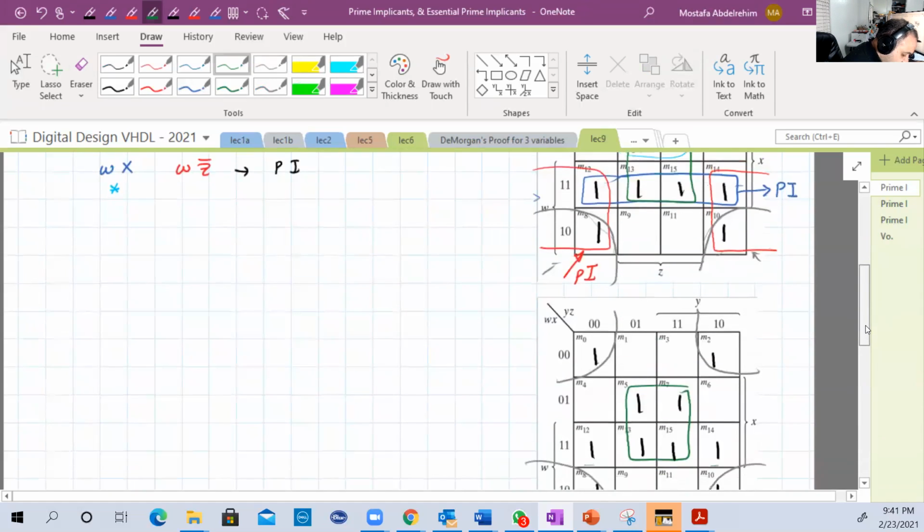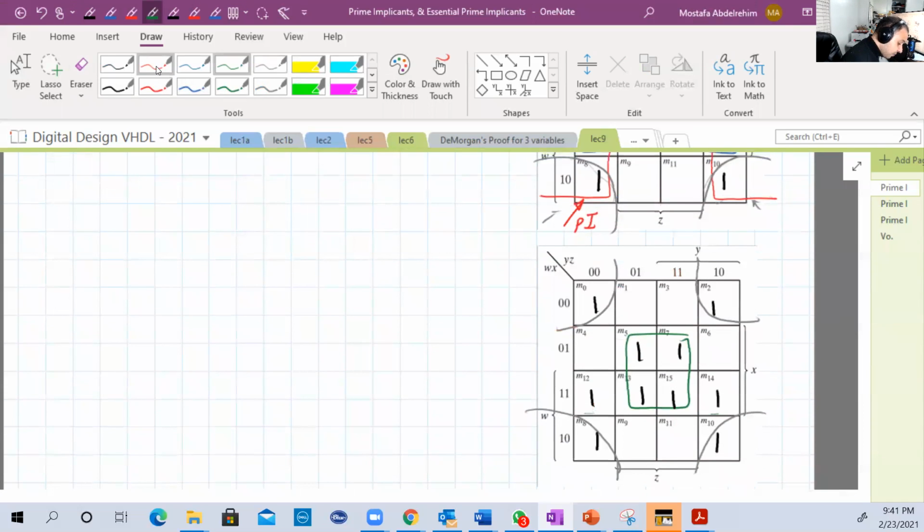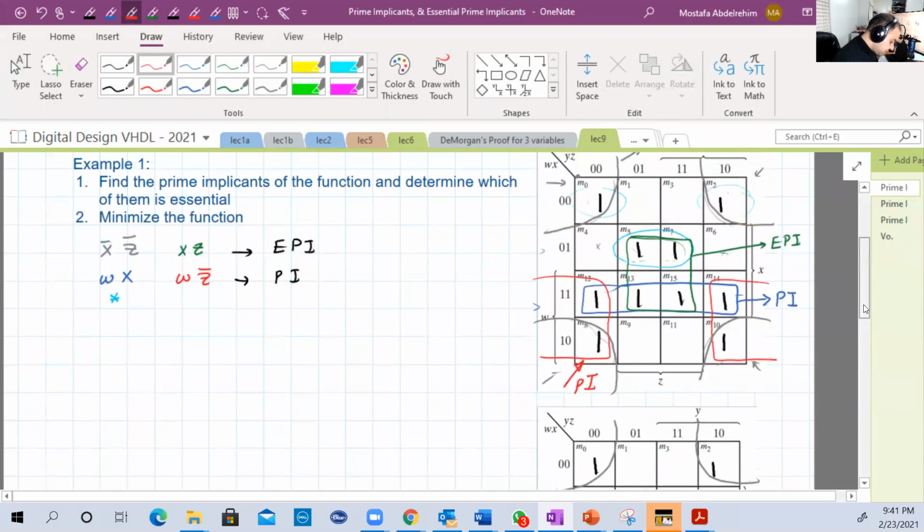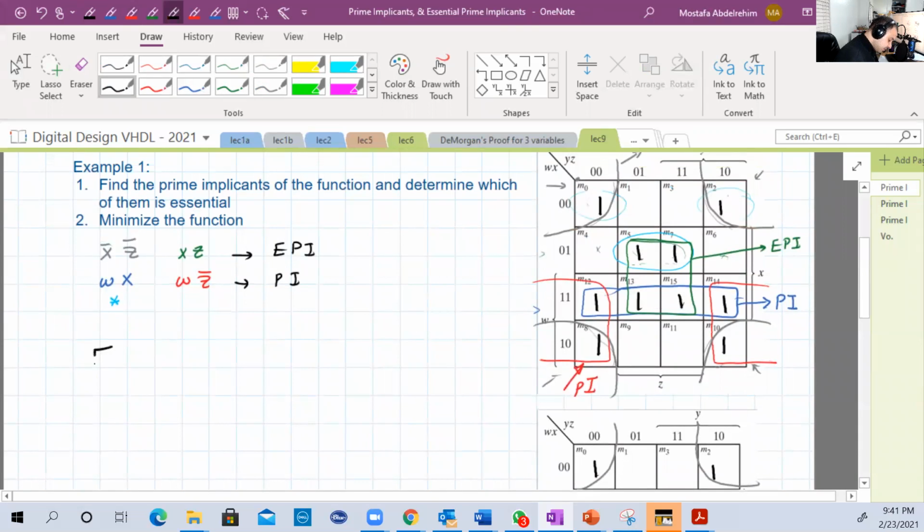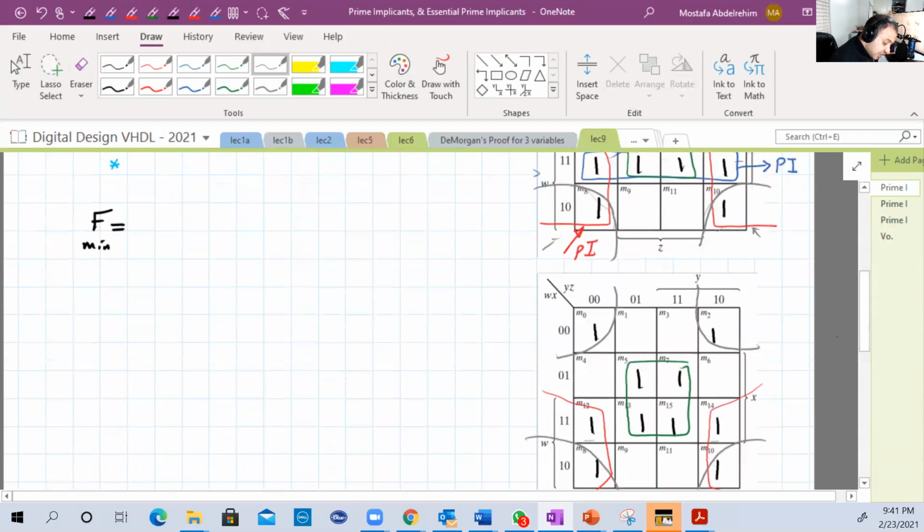So if we, for example, do it first by the red, in that case the minimum expression for f, the minimized f, will be equal to basically the two essential prime implicants, the green and the gray.